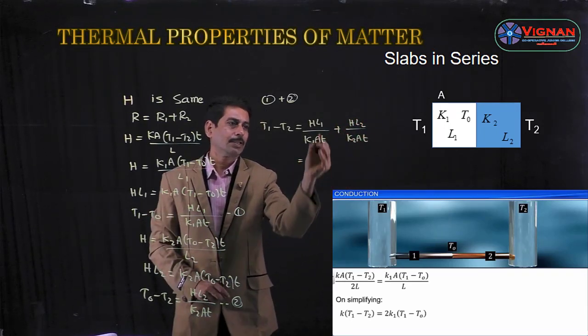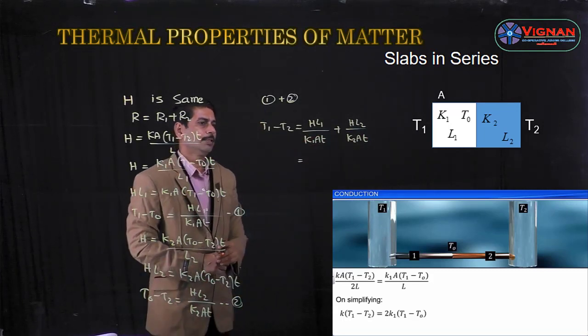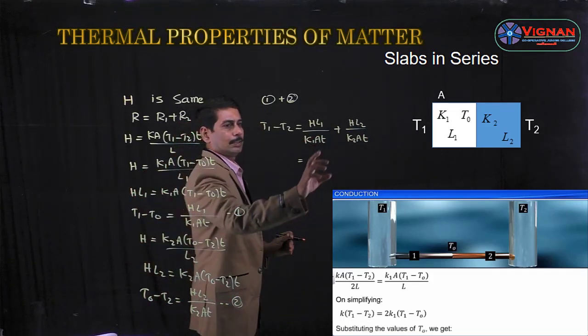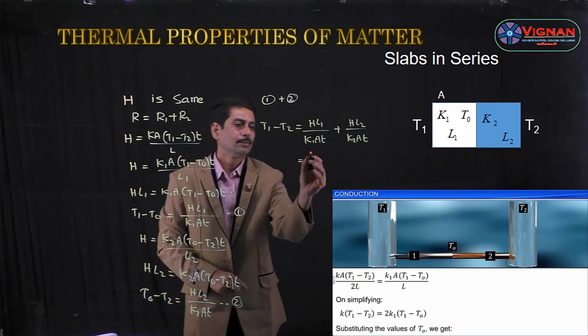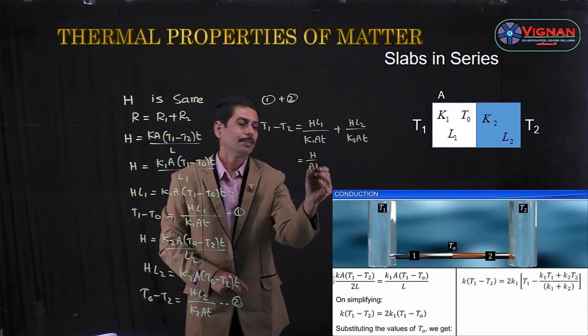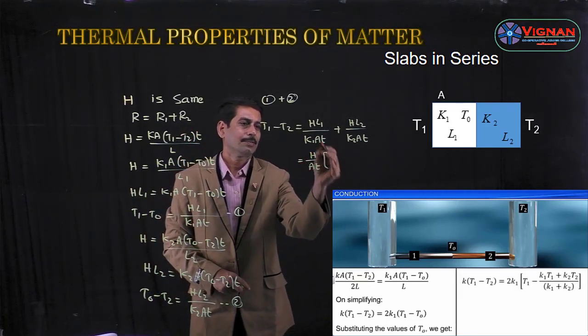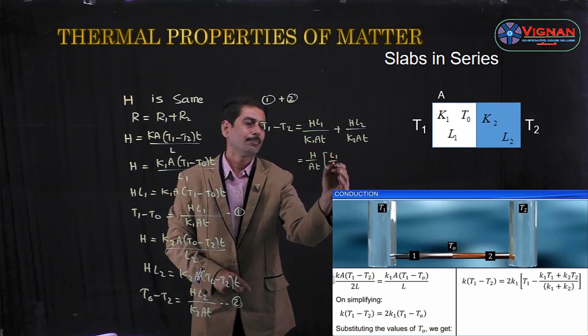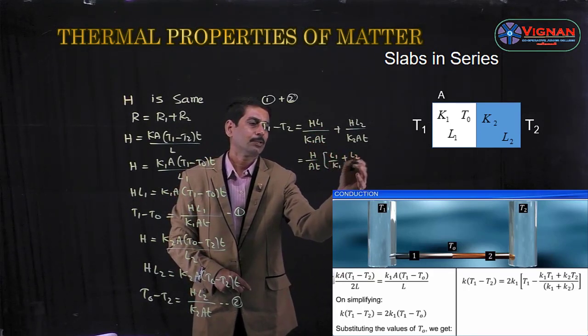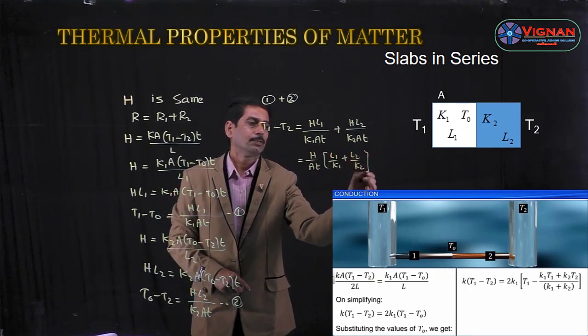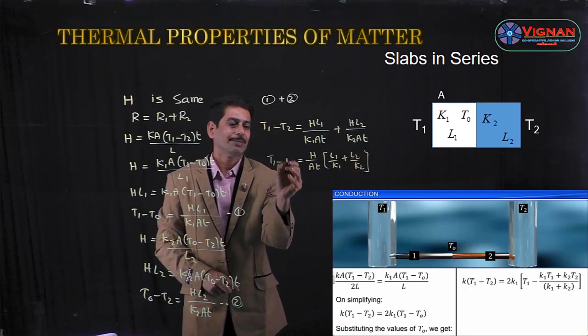Now in this we can take H by A t as common, then we get H by A t into L1 by K1 plus L2 by K2. This is the expression for T1 minus T2.